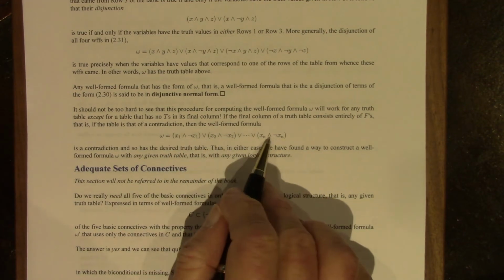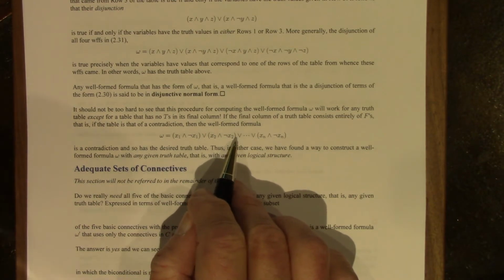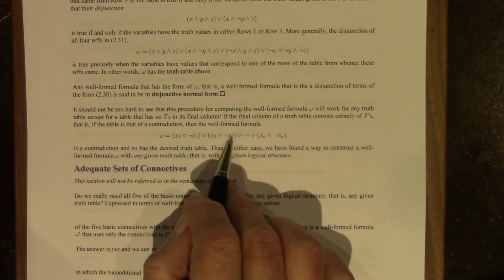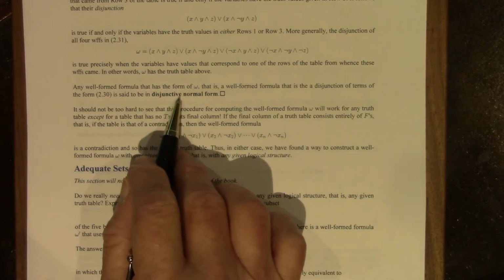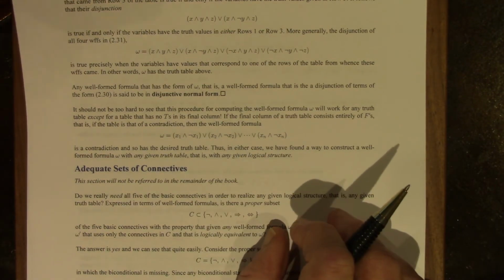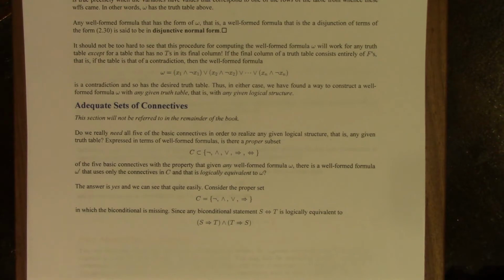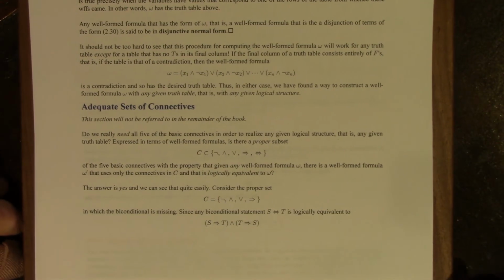It's always false. So we can always handle that case of a truth table that's all false separately. Okay. So the disjunctive normal form together with this one extra form will cover all cases, all truth tables. So we can find a well-formed formula that has any given logical structure that we want.